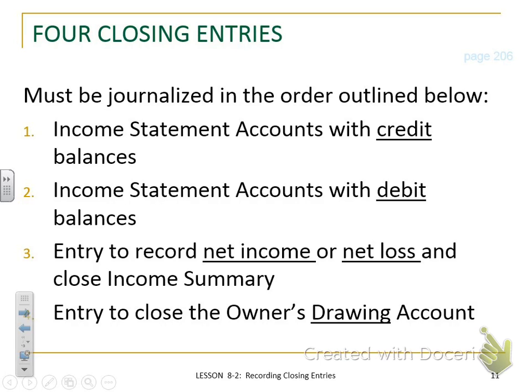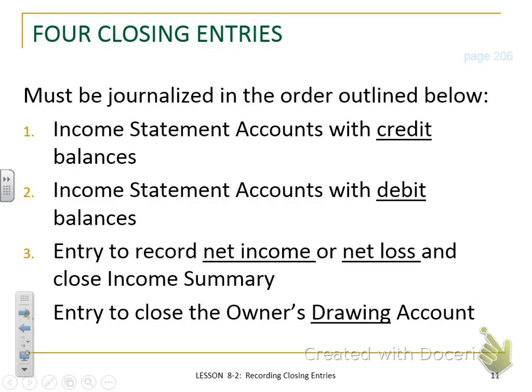So to do our closing entries, we have 4 things that we're going to do, and you have to do them in this order. So this order is very important. When you do your closing entries, your journal entries to close your accounts, you have to close your income statement accounts first. Income statement with credit balances first.